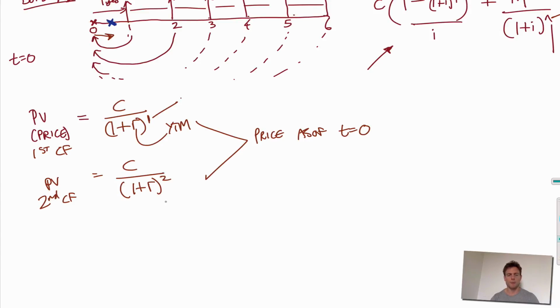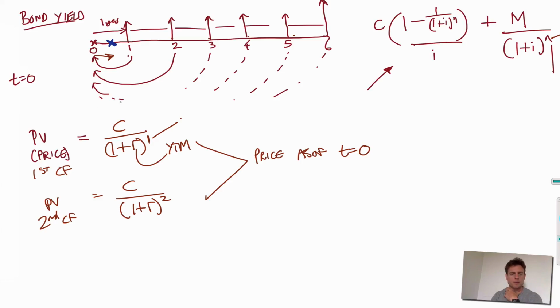So what he does is use the fractional time of the year, of 0.5, for the first cash flow. So for the price as of t equals 0.5 years, where our blue cross was on the screen, the PV of the first cash flow is as follows.